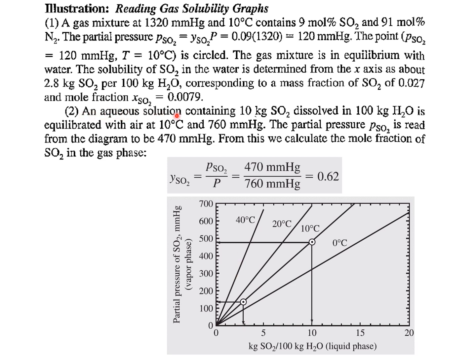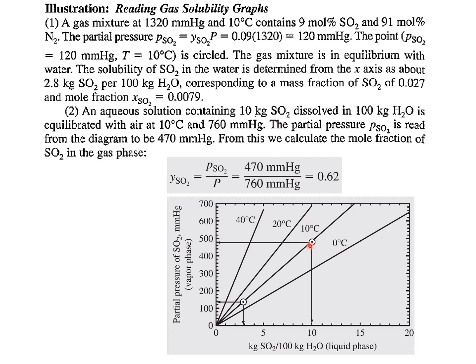An aqueous solution containing 10 kilogram SO2 dissolved in 100 kilogram H2O is equilibrated with air at 10 Celsius degree and 760 mmHg. 10 Celsius degree means we need to use the vertical line reaching the 10 Celsius degree isotherm. So right now we are here, and 760 mmHg indicates the total pressure.